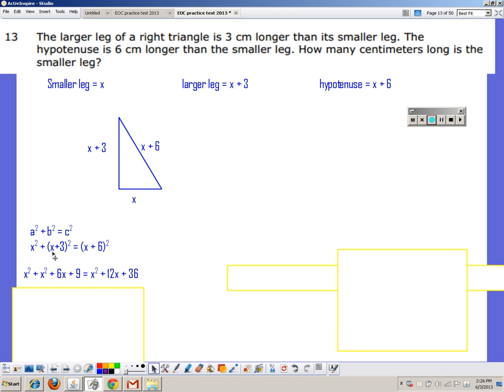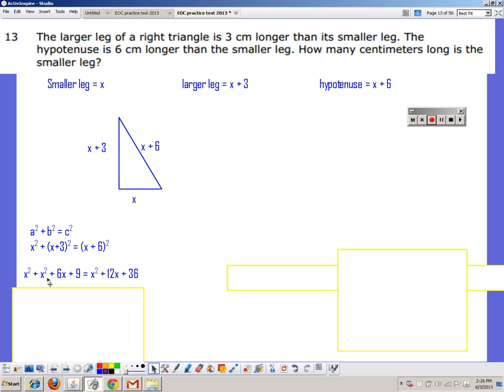When we multiply x plus 3 times x plus 3, we get x squared plus 6x plus 9 equals x plus 6 times x plus 6, which gives us x squared plus 12x plus 36. We bring down the x squared for the a squared.